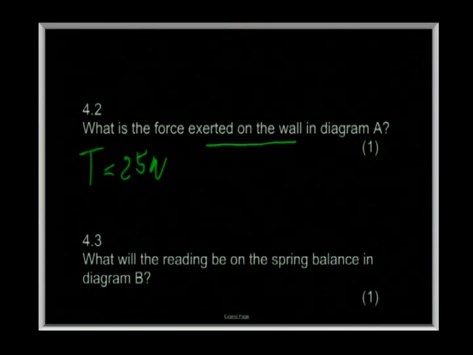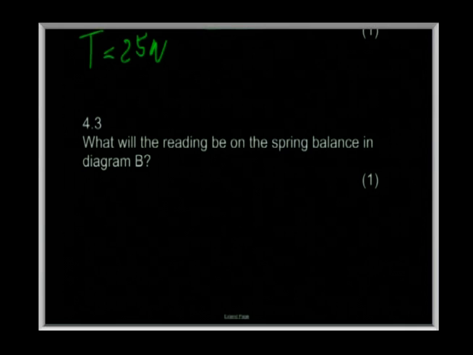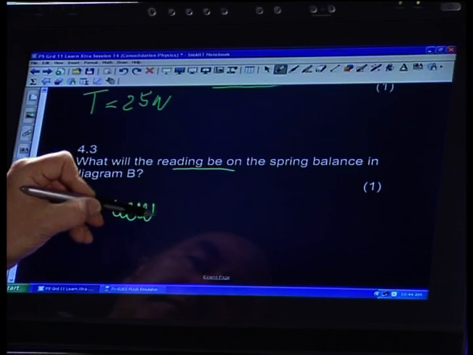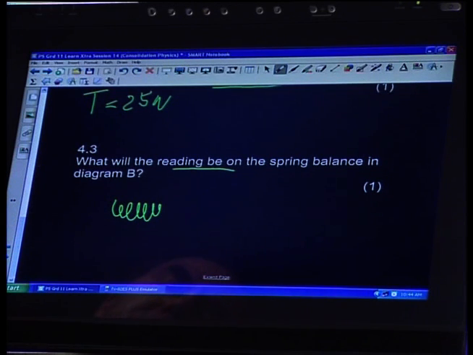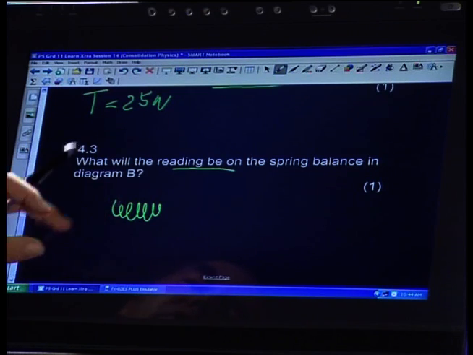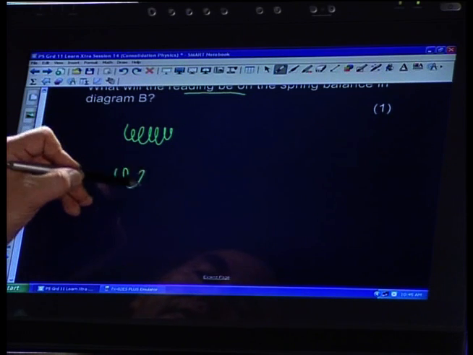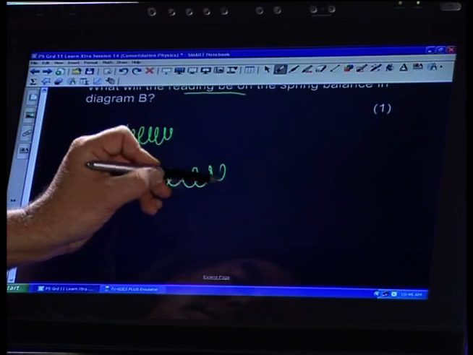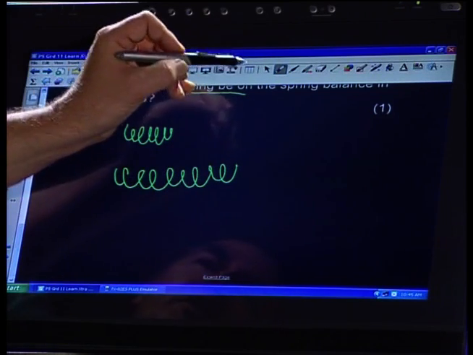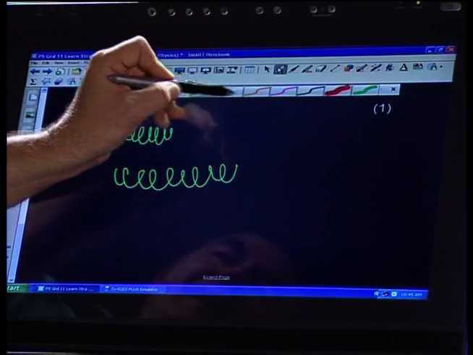Okay. Now, here's the one that a lot of people battle with. What will the reading be on the spring balance in diagram B? Now, what we've got to understand is how the spring balance works. The spring balance works on a spring. When there is no force on either side, the spring will be compressed. And as soon as I apply a tension, then the spring expands. Now, the expansion of the spring can't happen with a force from one end only.